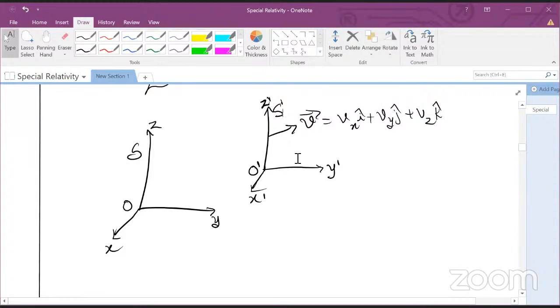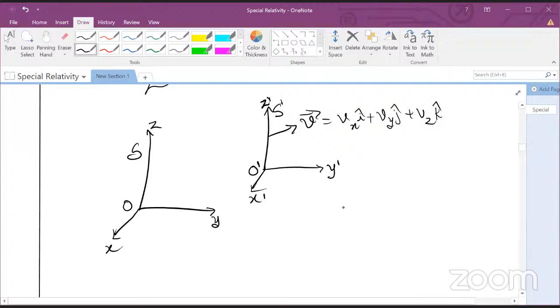We can keep the x-axis such that it is along the velocity. Exactly. And then we'll have the same Lorentz transformation. So what we should do is make a rotation so that this velocity vector is brought to x-axis of the rotated coordinate and then apply Lorentz transformation.